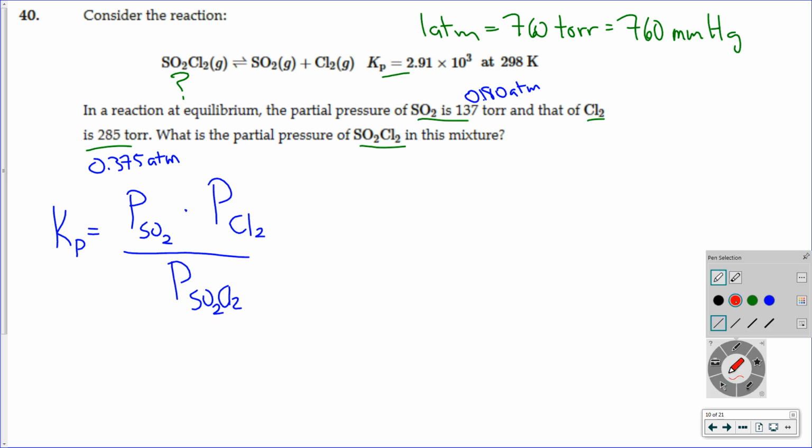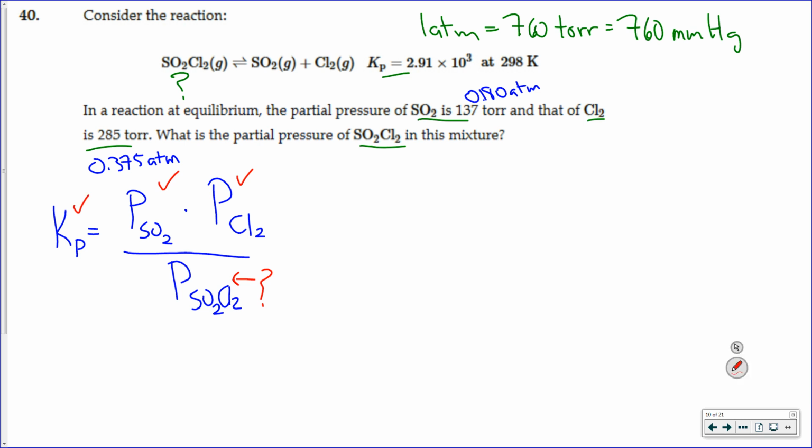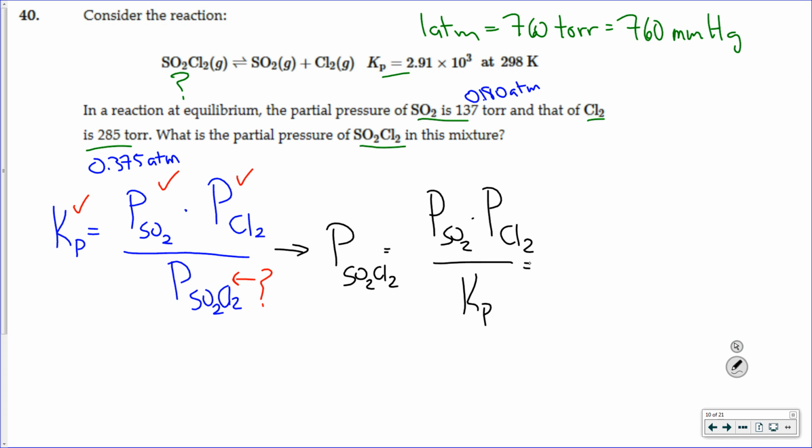This one is the one I'm looking for. I know the pressures of the other two products, and I know the K sub P, so it's just a rearrangement. I know all these things. Just plug it in.